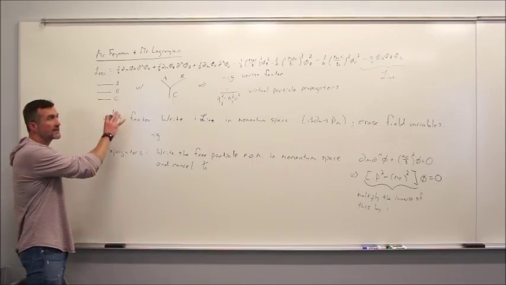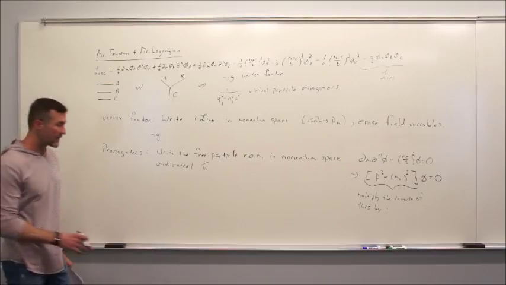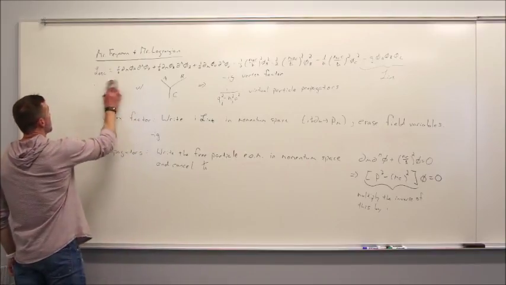So what I'm going to do now is erase all this, and replace that Lagrangian by the QED Lagrangian. And then we're going to do the same thing. Okay? So here we go.